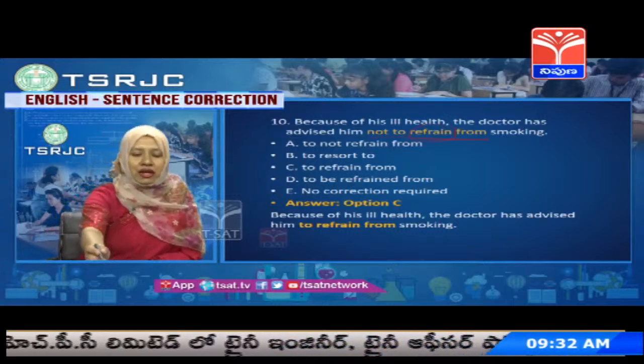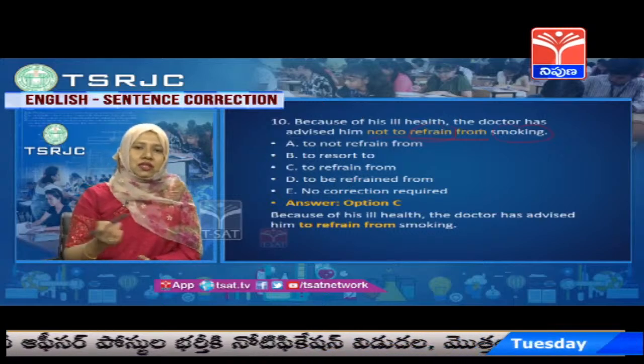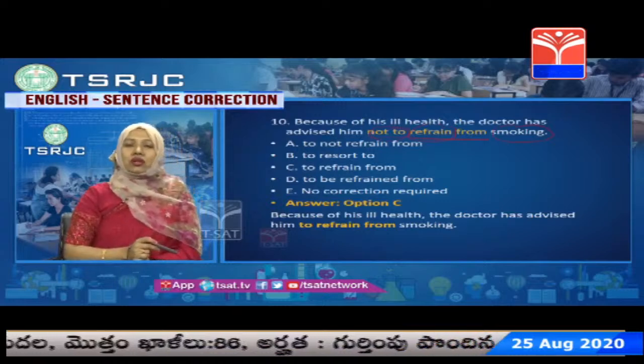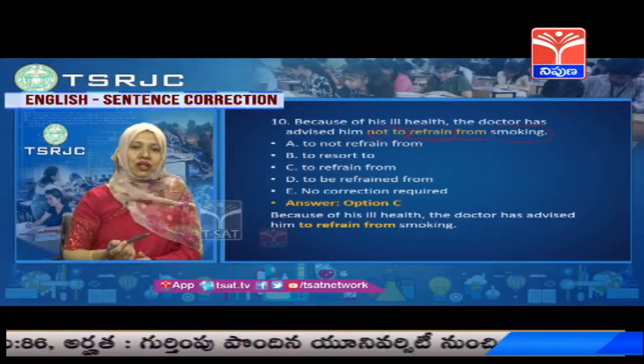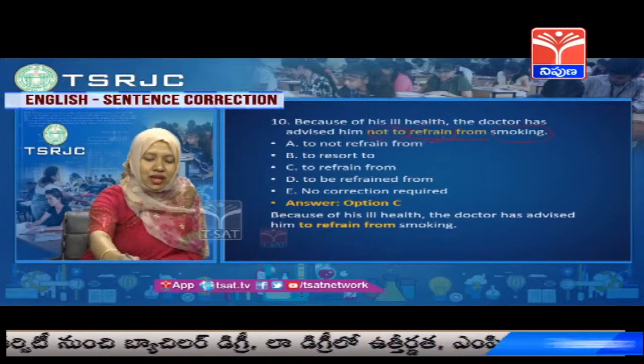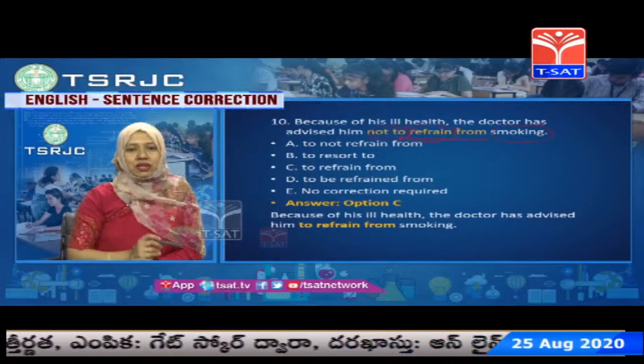A doctor has advised him to stop smoking. Doctors will not tell you to smoke. They will tell you to stop smoking. So refrain itself carries the sense of not to, so there is no need of double words. That is the mistake here.